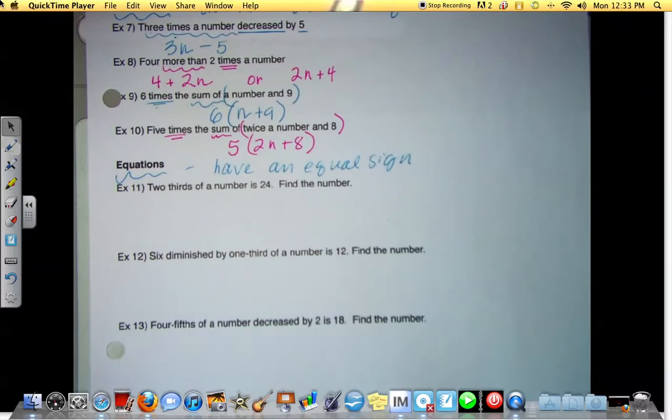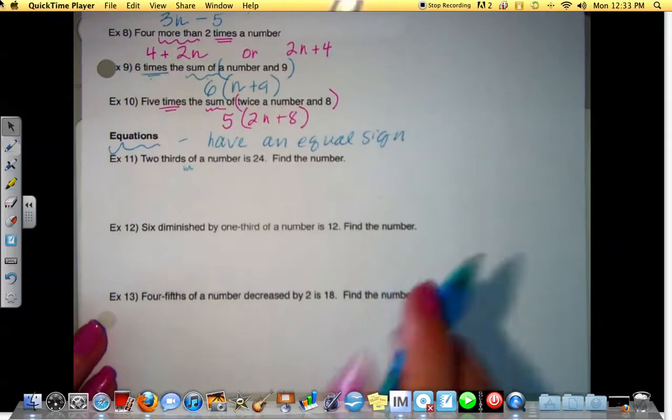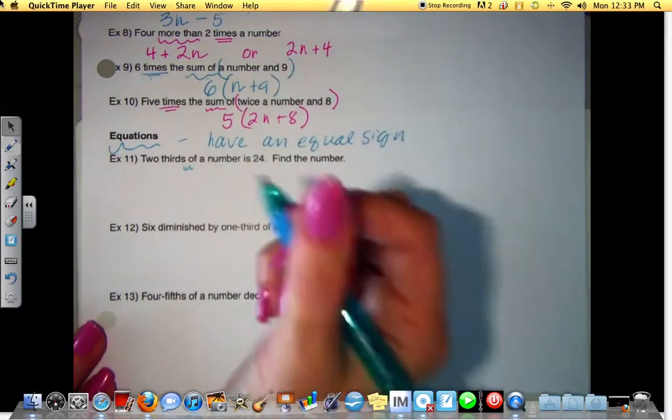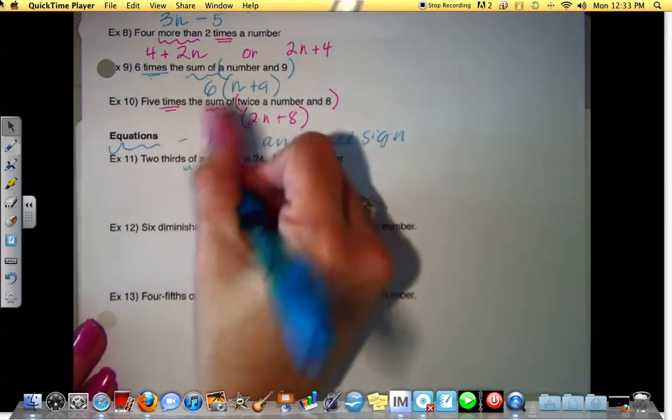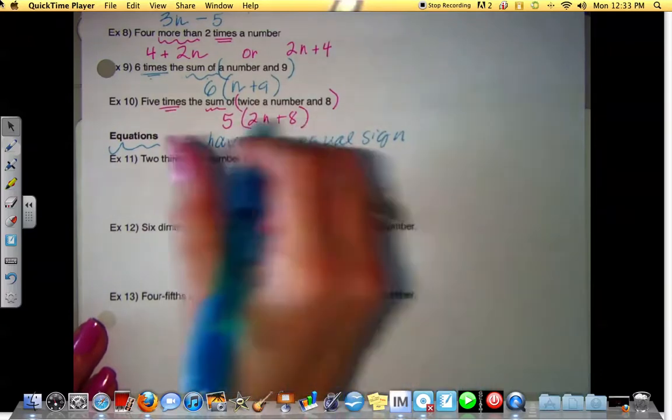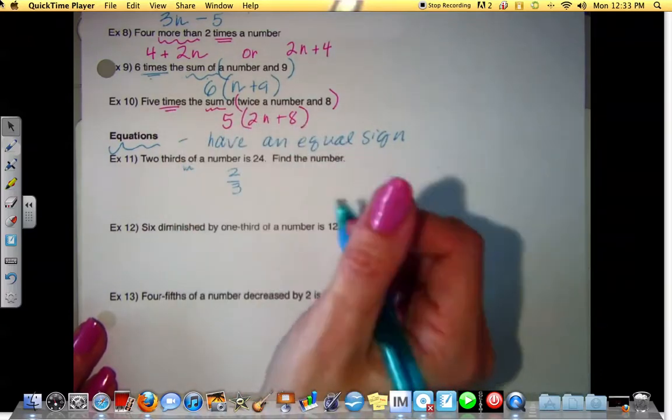Example 11: 2/3 of a number is 24. Of implies multiplication. How do we write 2/3? 2 over 3. 2/3 of a number, so we put n next to 2/3.